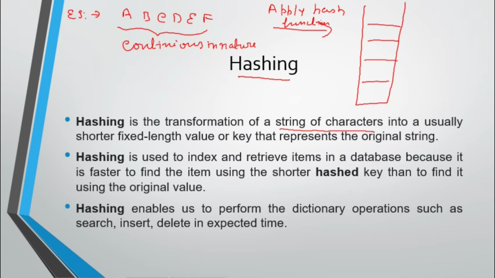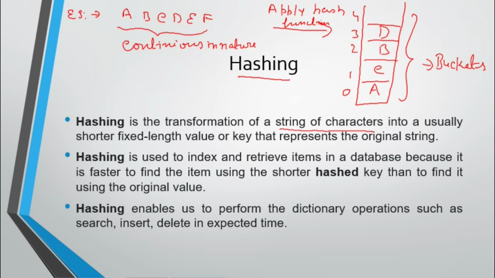For example, say this may have an address this way, or any other way we can take. So I can store it like this: A, B, C, D. These are nothing but buckets. So I store it in a fixed size array. That is the basic concept of hashing.